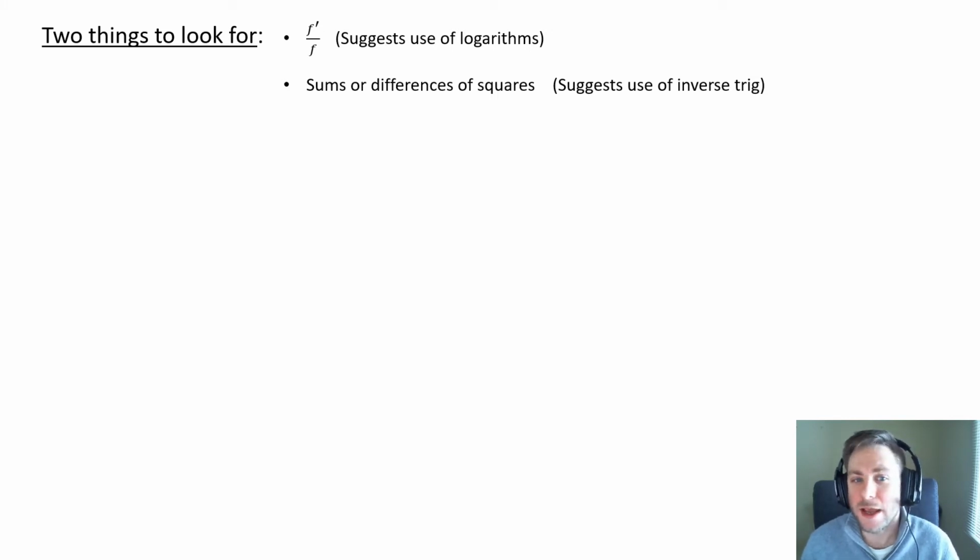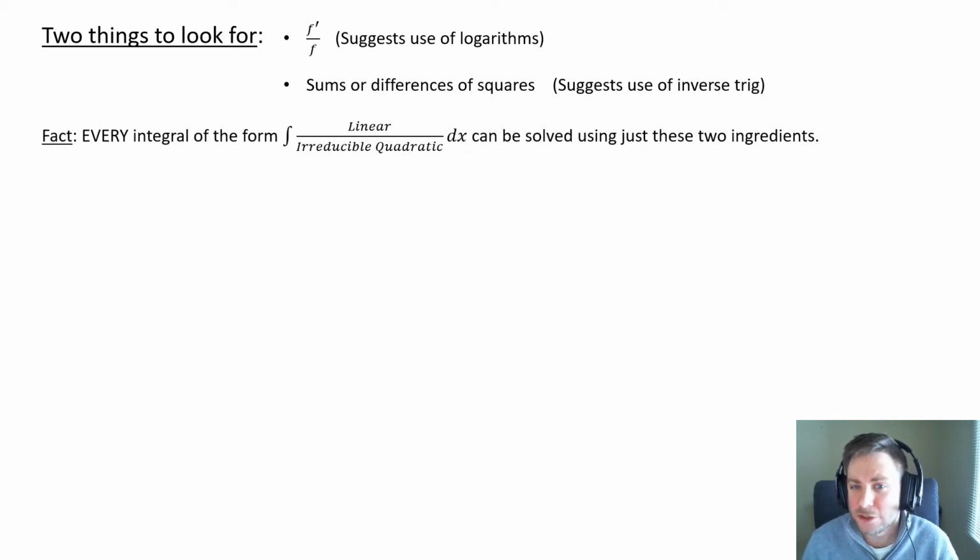It turns out that every single one of these linear over irreducible quadratic integrals can be solved using just these two ingredients. But just to reiterate, I'm only talking about the k equals 1 case here. Let's do a few examples to convince ourselves of what I've just said.